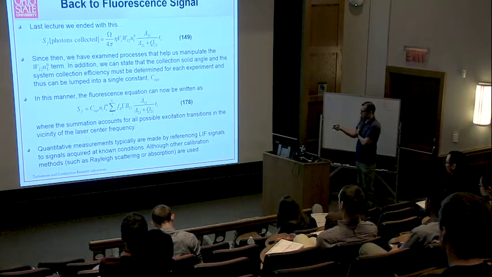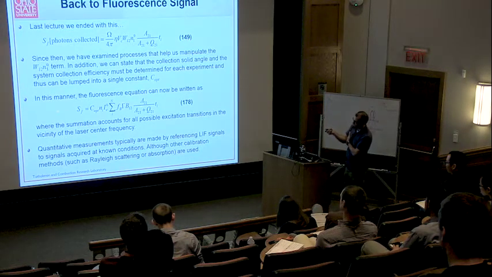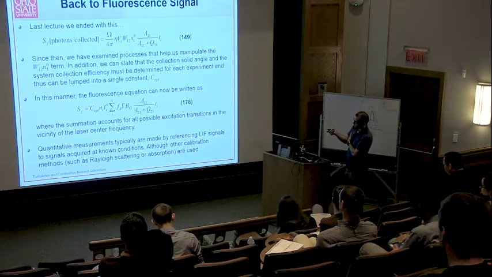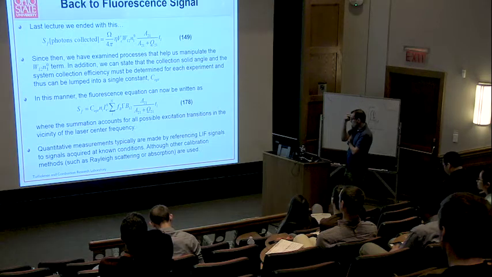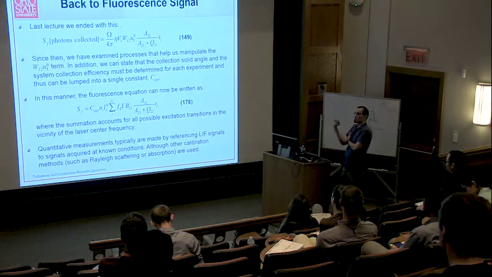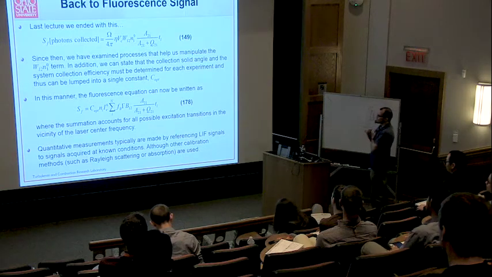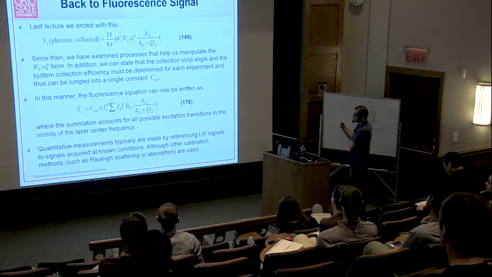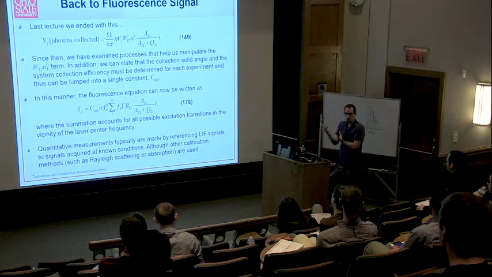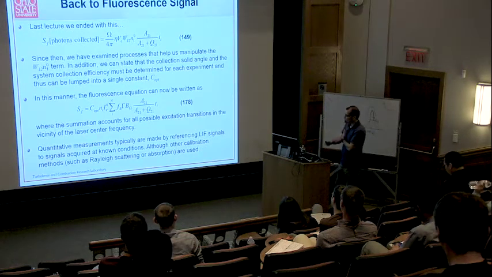All I'm pointing out is that if you see these kinds of calibrations in the literature, they are used so that you can get an actual number density from your measured signal, normalizing out your experimental COP. But when you're normalizing by a reference condition, you have to know all these things about your reference condition. So as you can see, for laser-induced fluorescence measurement, there are a lot of parameters you have to control or know for a quantitative measurement.